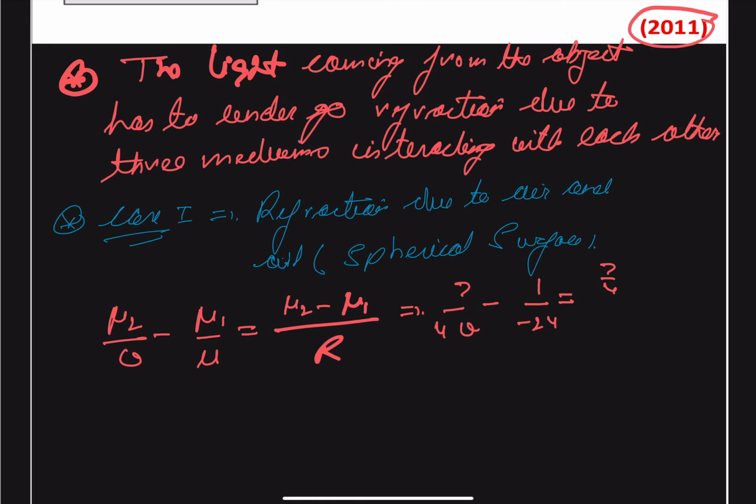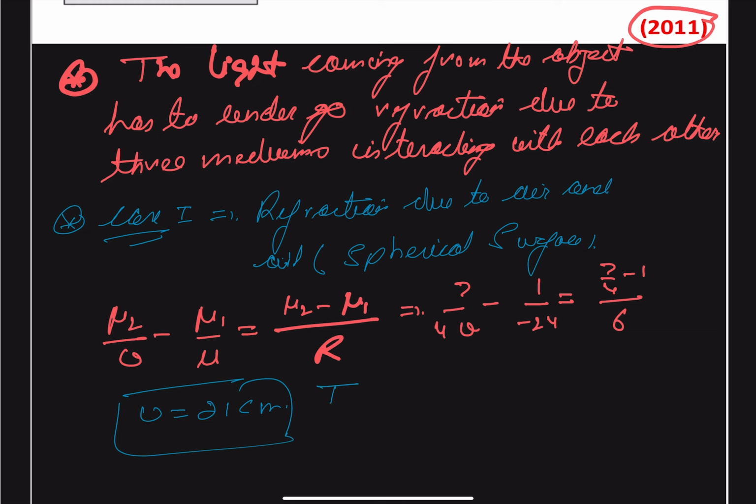Mu1 is our air, so this is minus 1, divided by 6, the radius of curvature, and this gives us that V will be equal to 21 centimeters. And this will be the intermediate image that will be formed 21 centimeter away from the lens. Okay, lens basically is oil.